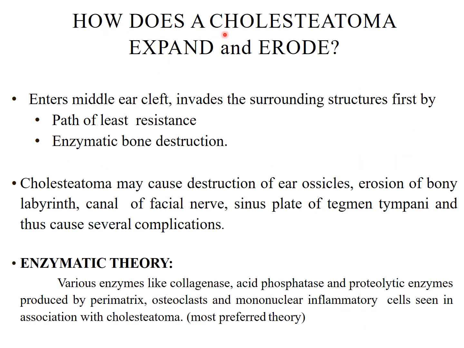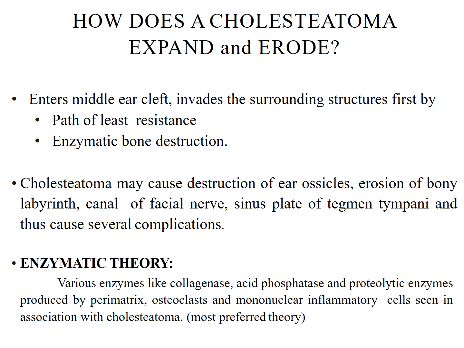How does a cholesteatoma expand and erode? Once the cholesteatoma enters the middle ear cleft, it invades the surrounding structures, first by following the path of least resistance and then by enzymatic bone destruction. An attic cholesteatoma may extend backwards into the aditus.